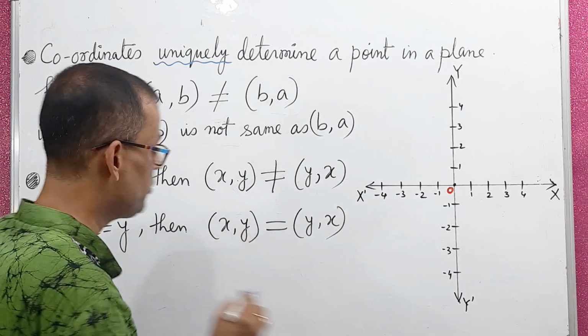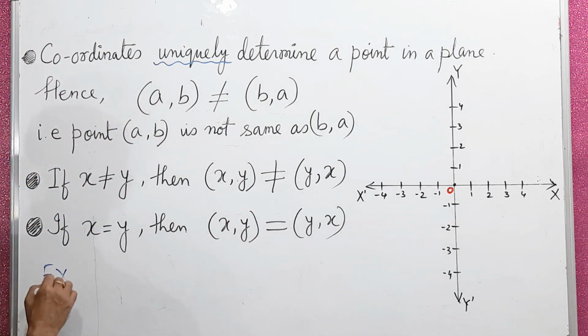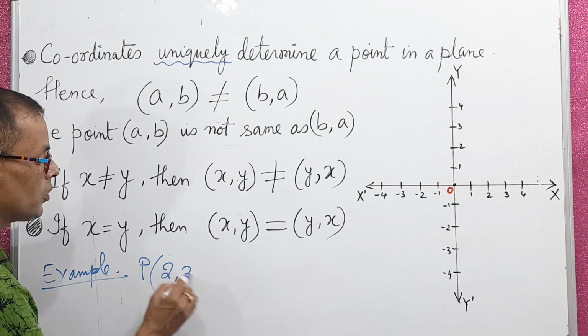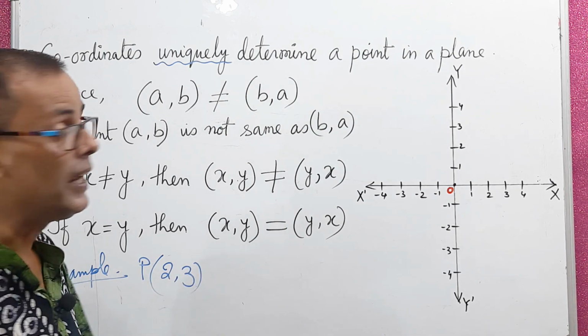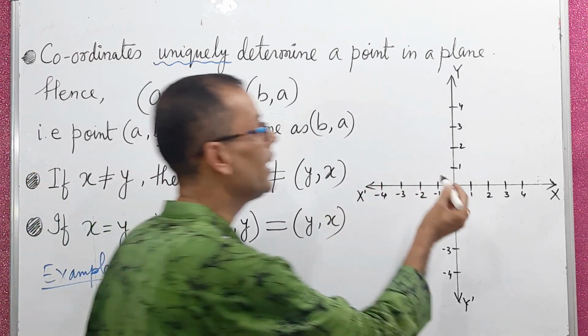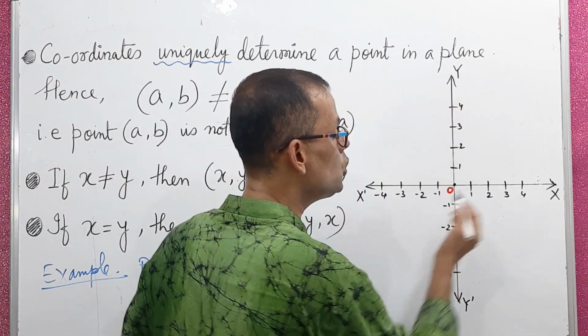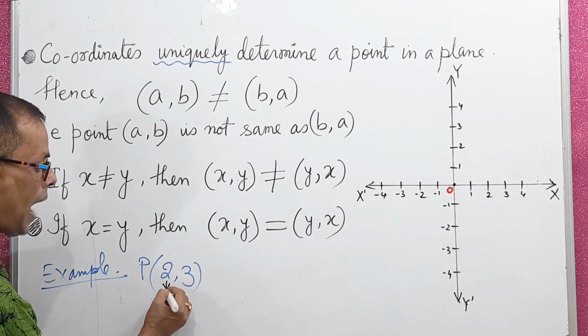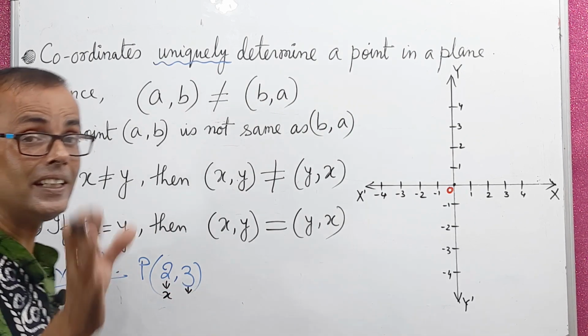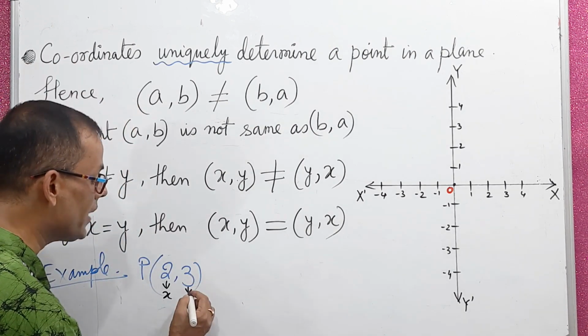Suppose, for example, if I take one coordinate, the P point coordinate is (2, 3). If I want to plot it in this plane, then 2 is representing the abscissa or the x coordinate and 3 is representing the ordinate or the y coordinate.